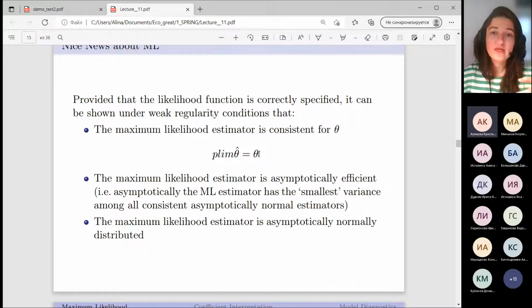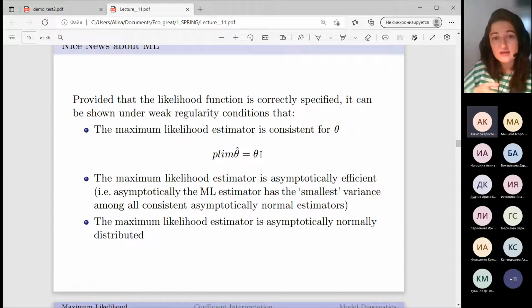This is the same desired property that we want to obtain in the OLS, and also we want our results to be consistent. This is the same property that we can obtain if we correctly specify the likelihood function.